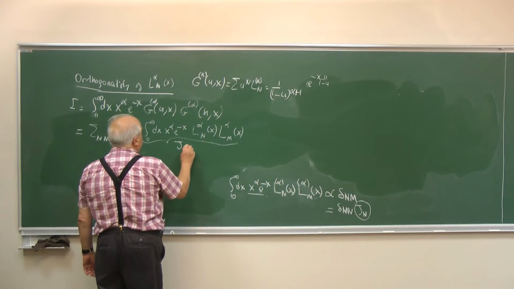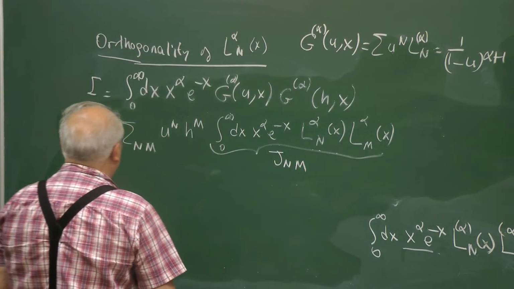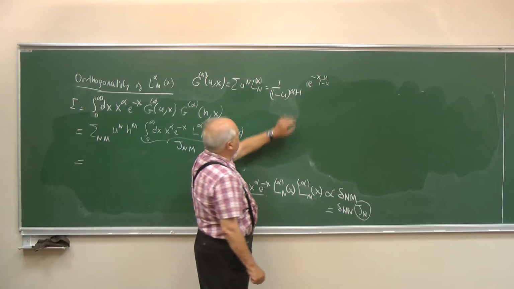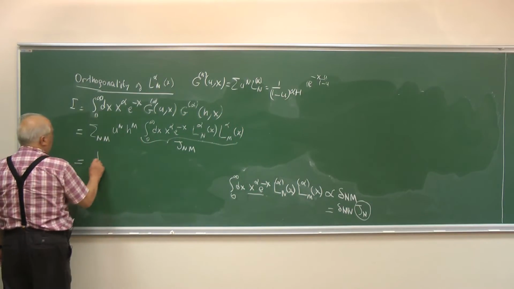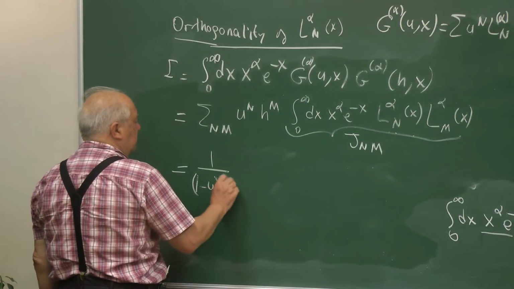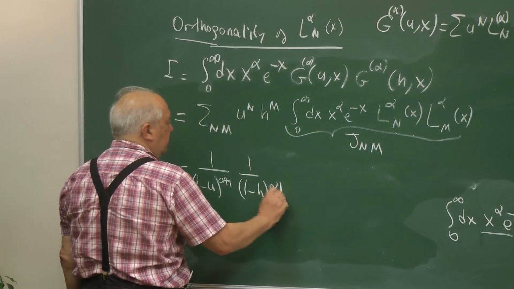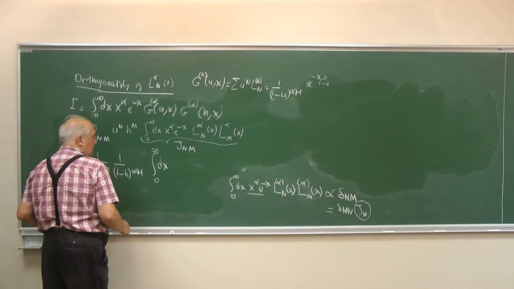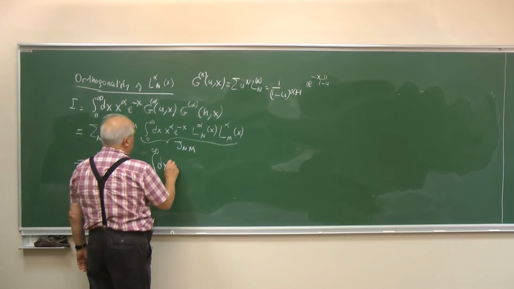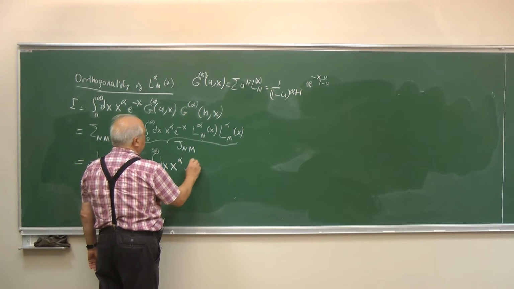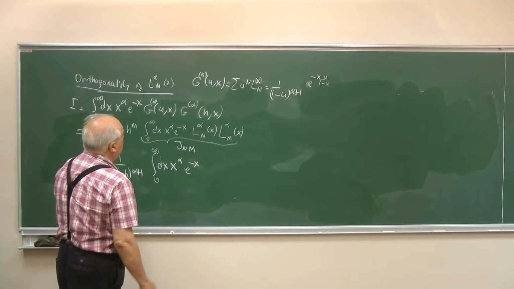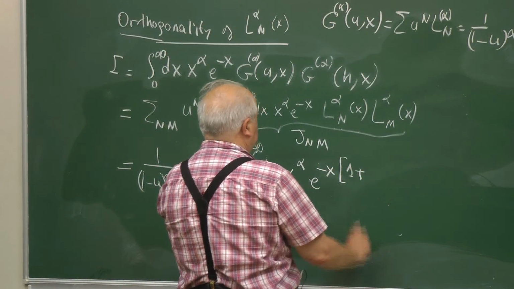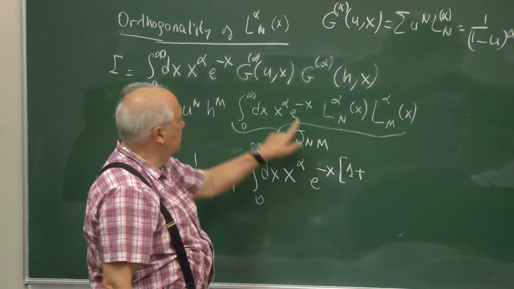Let's call it Jnm. And now this is equal to, we put the compact form of the generating functions, 1 over (1 minus u) to the alpha plus 1, (1 minus h) to the alpha plus 1, integral from 0 to infinity dx, I'm erasing this part, x to the alpha e to the minus x, simply that e to the minus x times 1 plus this 1 comes for this.